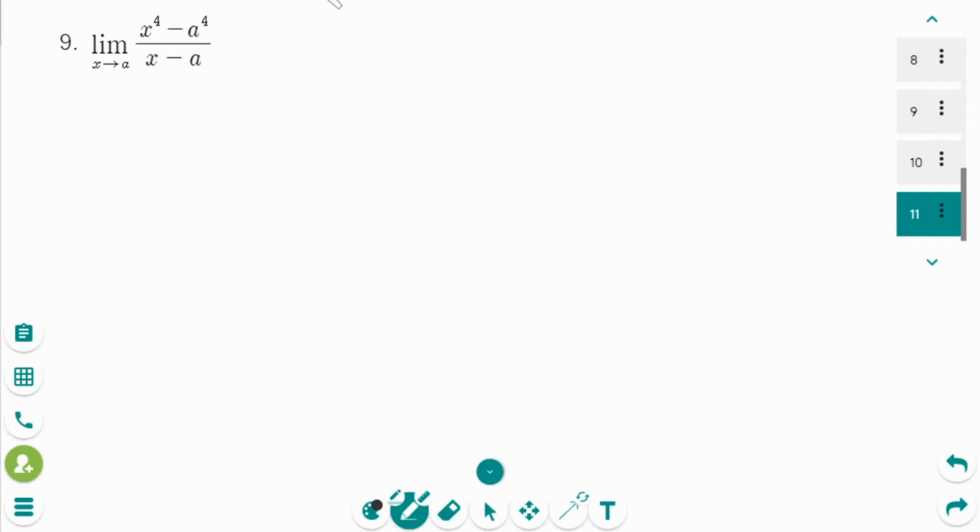The next question is this one. When x approaches a, it creates the 0 over 0 form. The numerator is the difference of squares, so it's in the a squared minus b squared form. So x to the power of 4 minus a to the power of 4 can be factored like this.